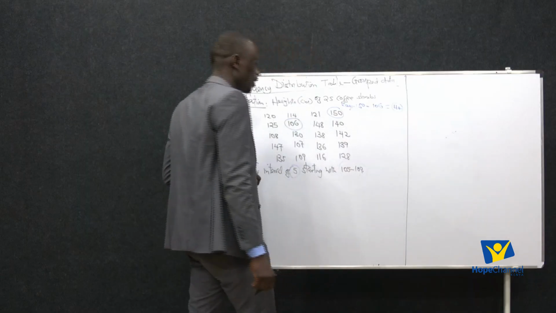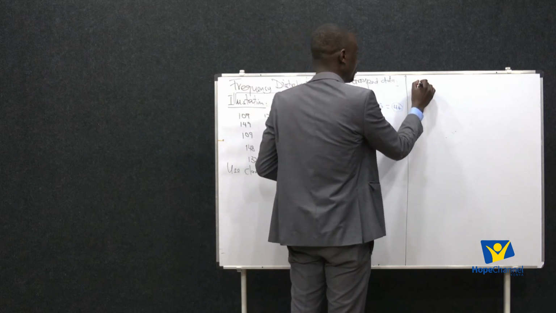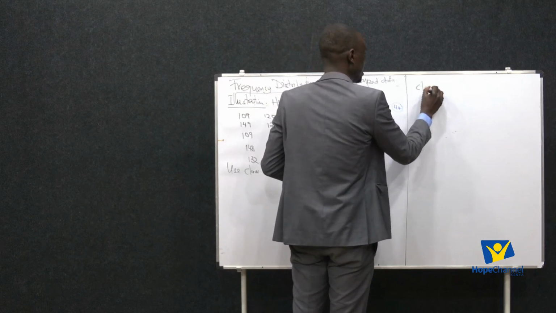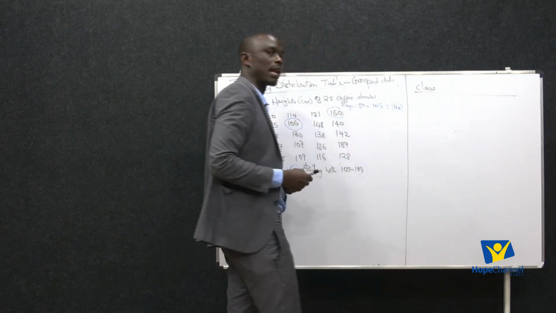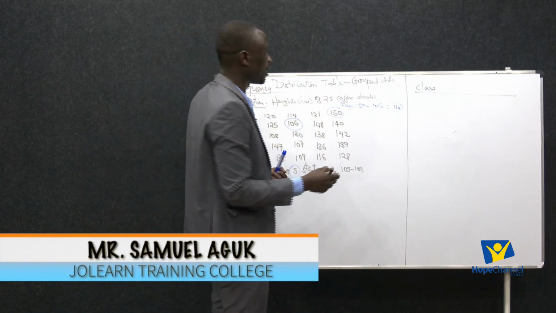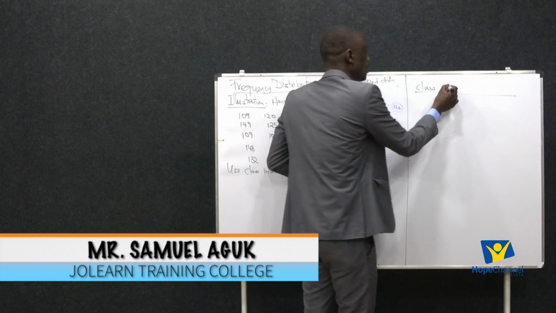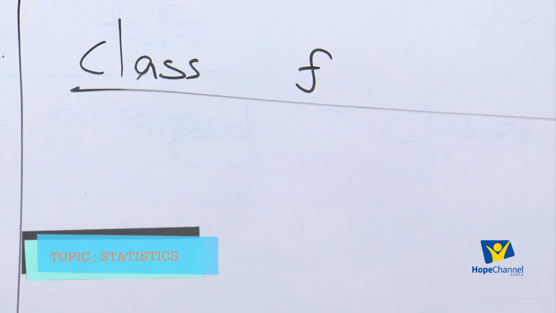Good. So as always, when we want to prepare a frequency distribution table of grouped data, the first column to introduce is called a column of class. After introducing a column of class, we are going to introduce what is called frequency.